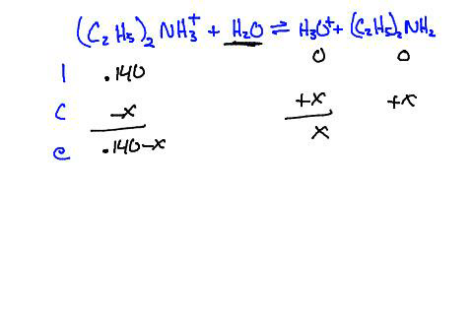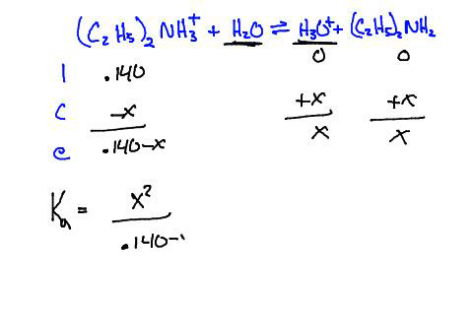So I can say that the K, now watch this, I make hydronium ions. The hydronium is an acid, so it's going to make a Ka. The Ka would be equal to x squared over 0.140 minus x.